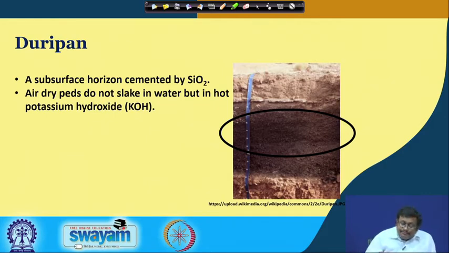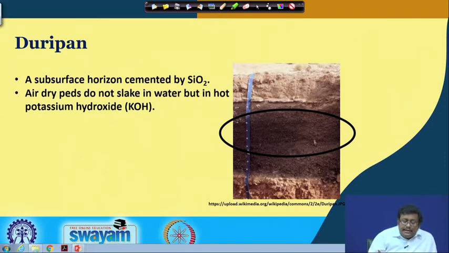So, you will see that this is Duripan and it is highly cemented by silica, very dry, and does not slake in water, but can be slaked in contact with potassium hydroxide.